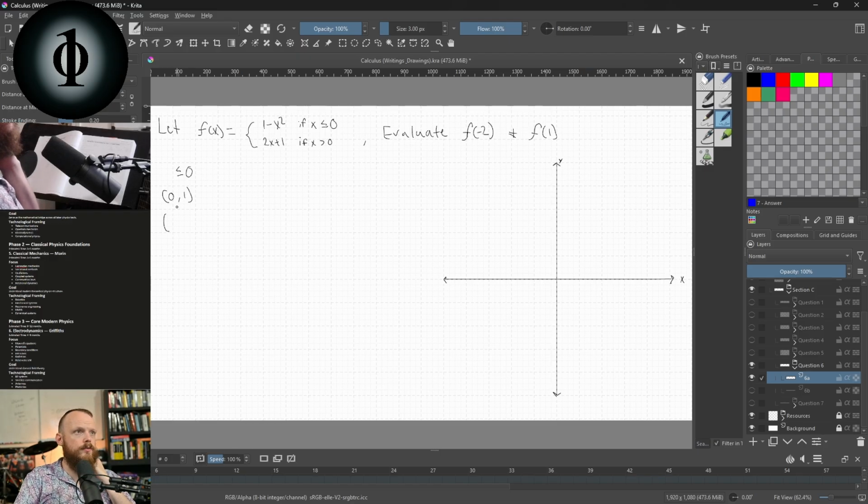When x is 1, 1 minus 1, we're at 0. When x is 2, 4, we're at negative 3. 3 squared, 9, negative 8. 4 squared, 16, negative 15.